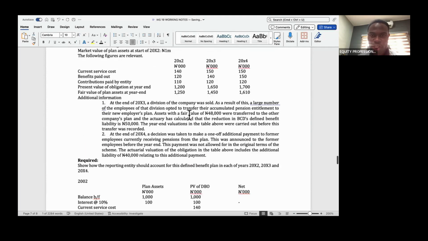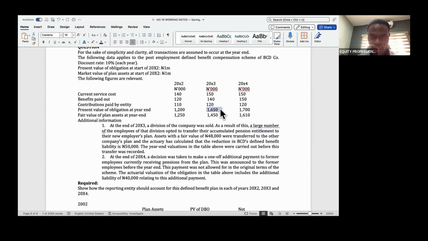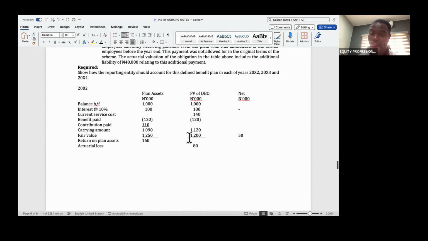They said the valuation they gave us, this 1,650 and 1,450, was carried out before this transfer was recorded. So that means they haven't transferred the assets, they haven't reduced the obligation. So by these respective amounts, we have to adjust.